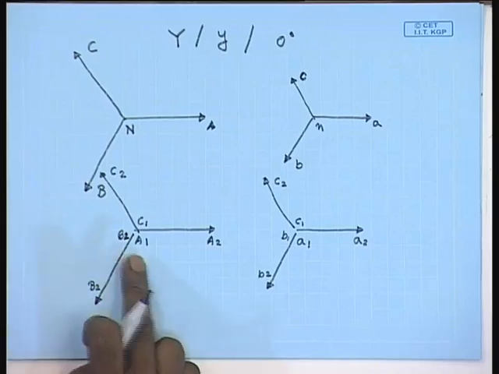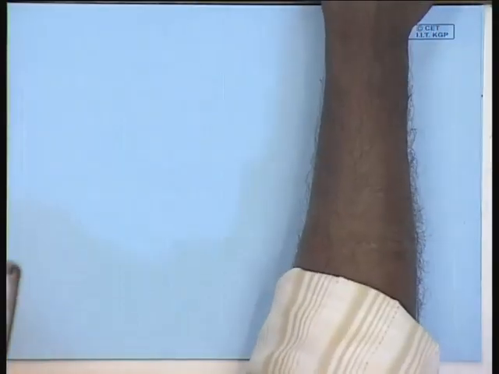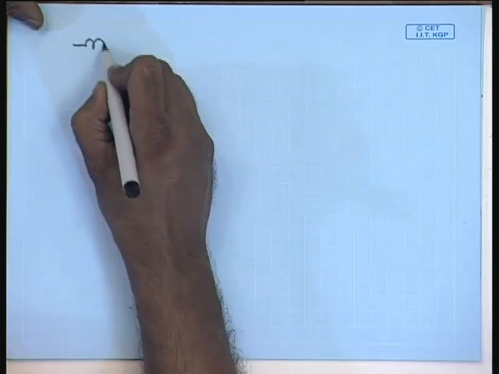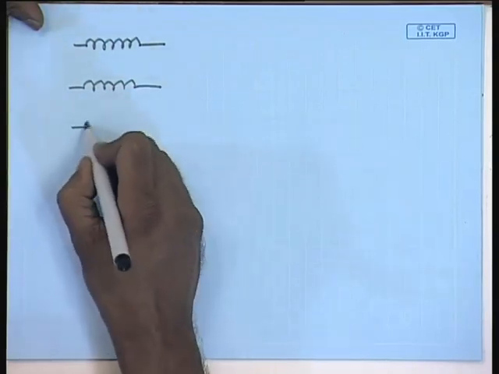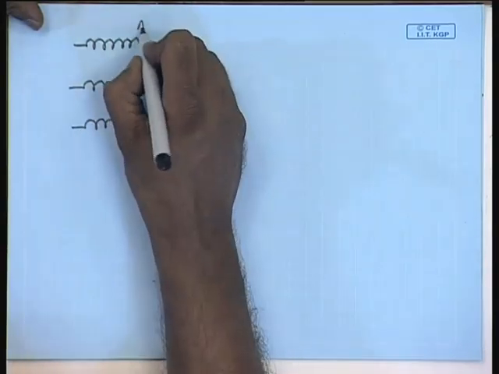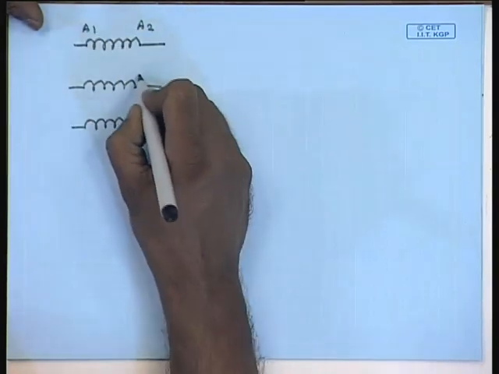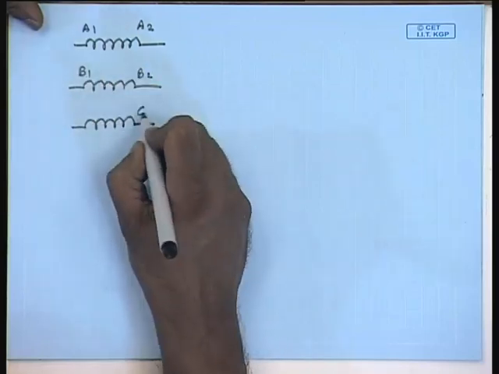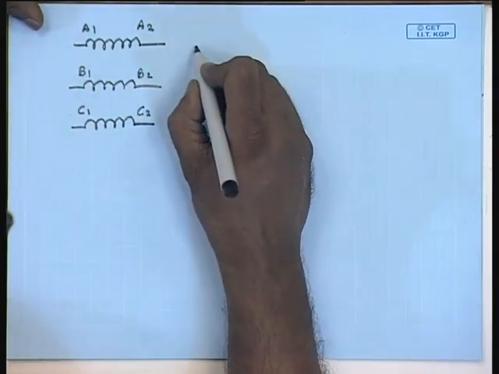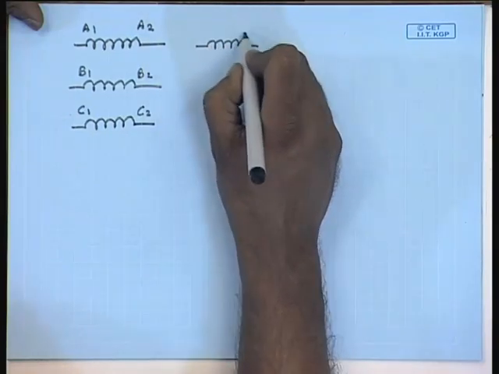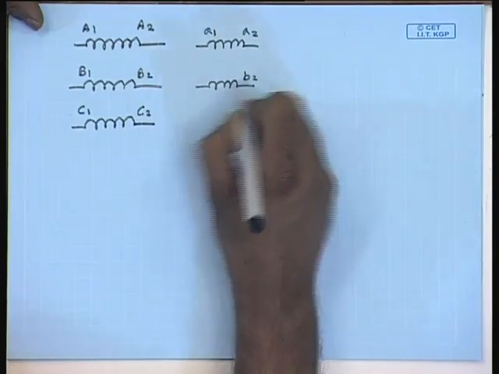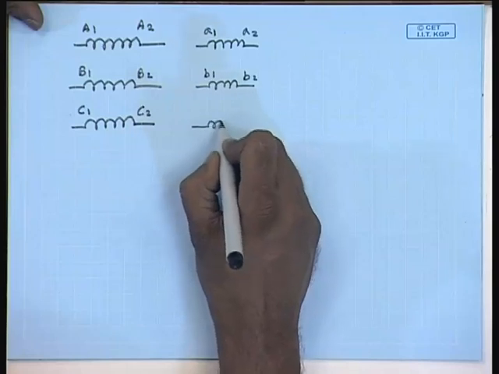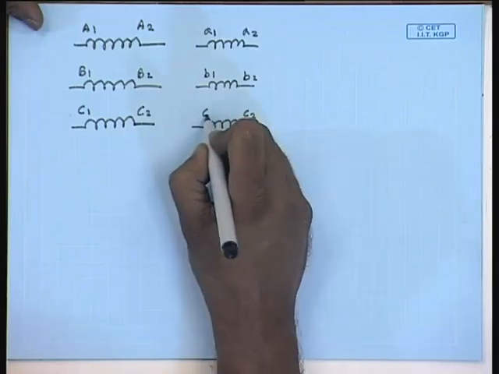Now, from this voltage phasor, it is easy to see how the connections will look like. For example, if these are the windings, high voltage winding, this is A2, A1, B2, B1, C2, C1, and these are the low voltage windings, A2, A1, B2, B1 and C2, C1.